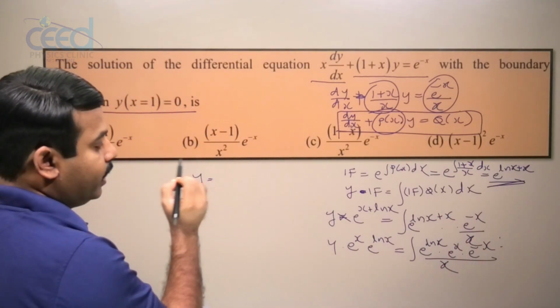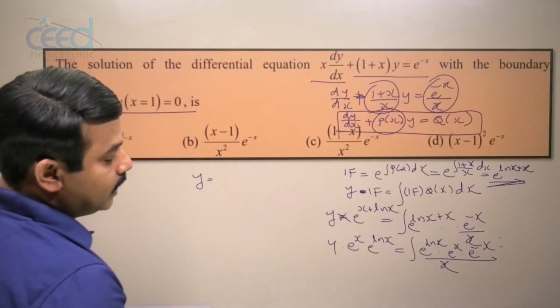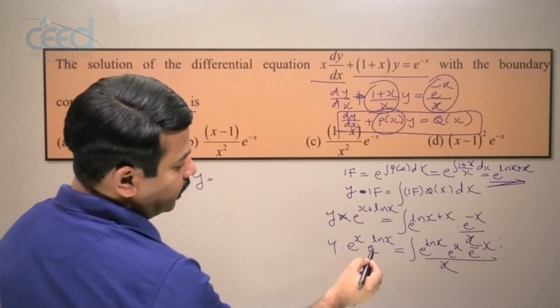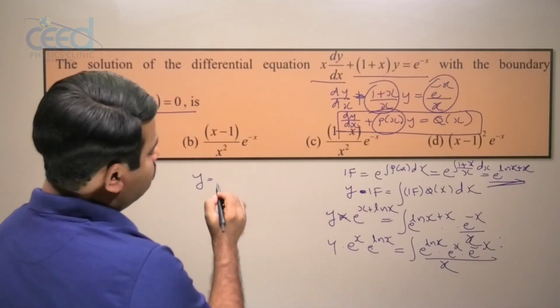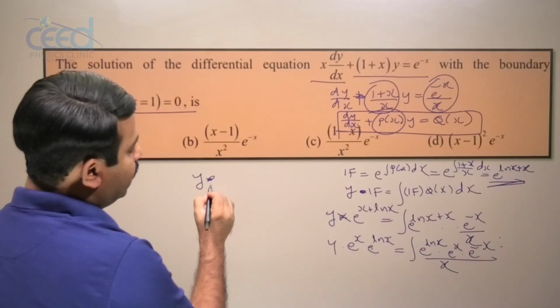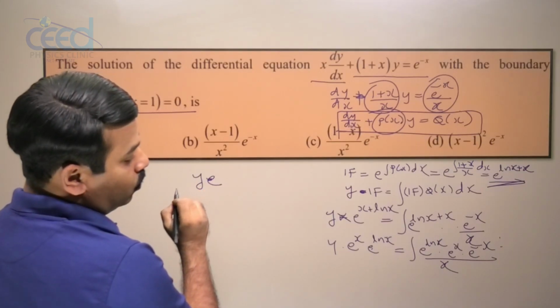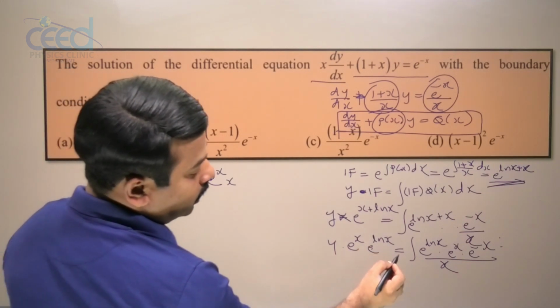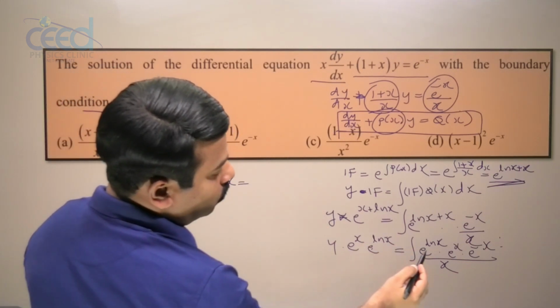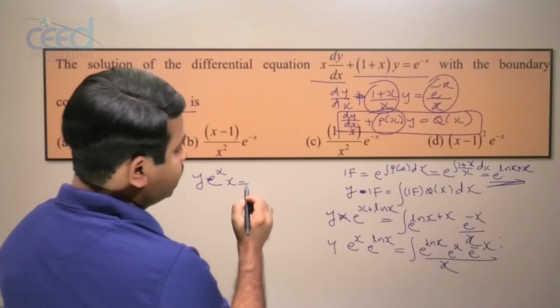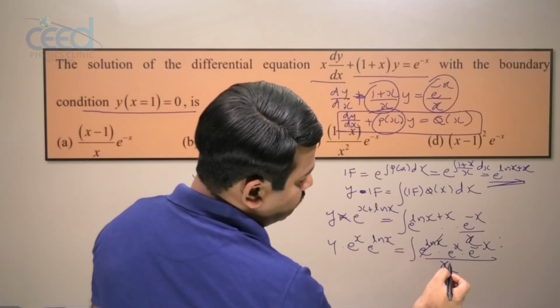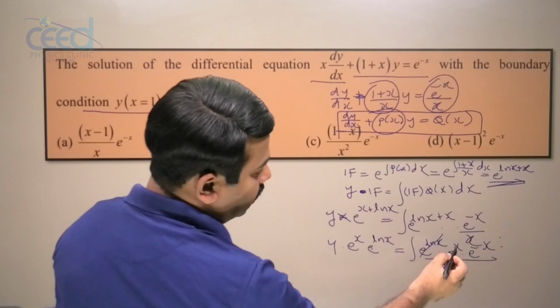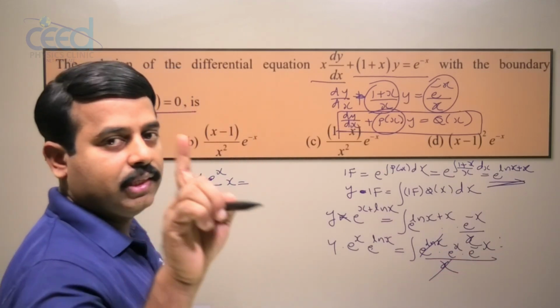Since e raised to log x is x, e and log cancel out. Then y e raised to x into x equals, here also e raised to log x is x, that x and this x cancel, and e raised to x into e raised to minus x is 1.